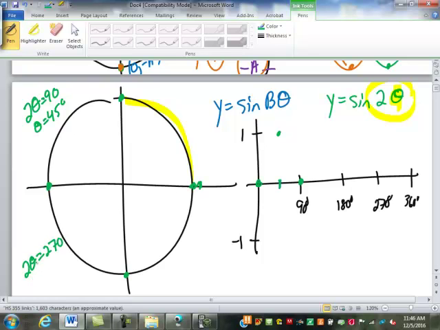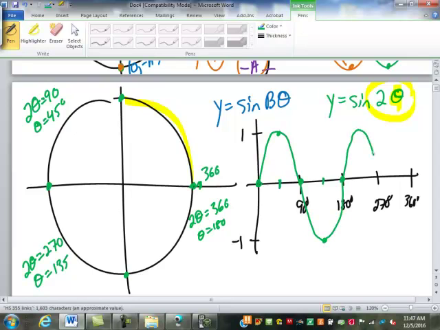So that would occur, if I divide by 2, at theta equals 135. That's right in here. That's negative 1. And 360, again, that's going to occur when 2 theta equals 360. So dividing by 2, I get theta is 180 degrees. So at 180 degrees, we've completed a full cycle. And of course, it would keep going just like that.